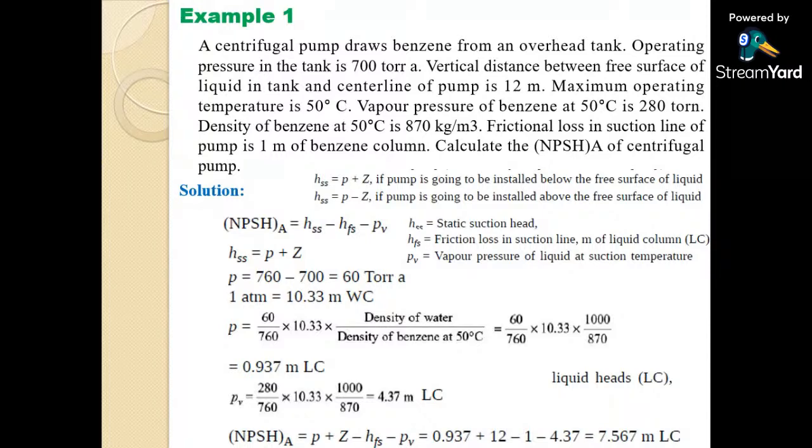Which is the liquid we are transporting? Benzene is the liquid. So all the parameters are to be expressed in terms of benzene only. Okay. So HFS value is given. PV is the vapor pressure of the liquid to be pumped or transported. So the vapor pressure of benzene at the given temperature is how much? 280 torr.